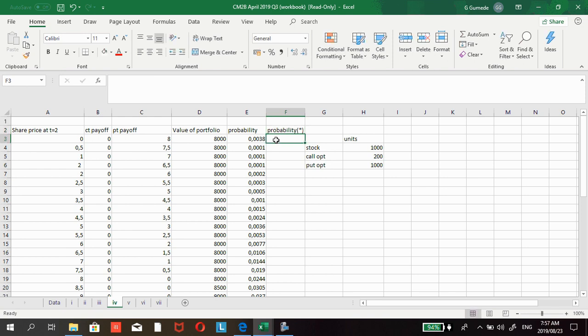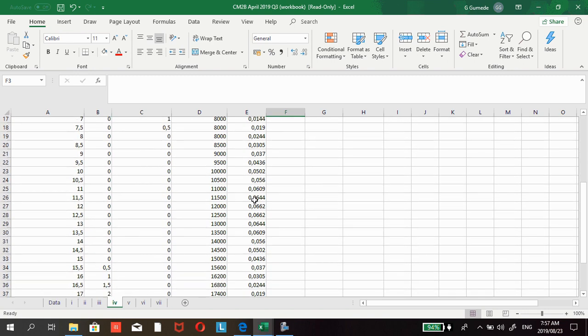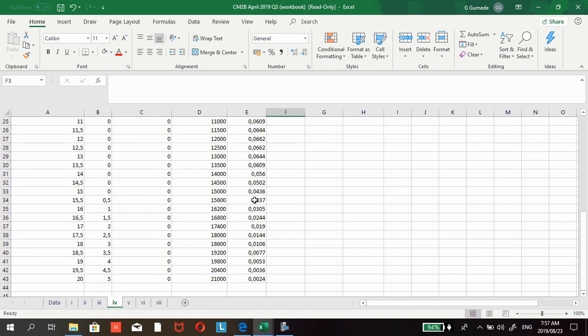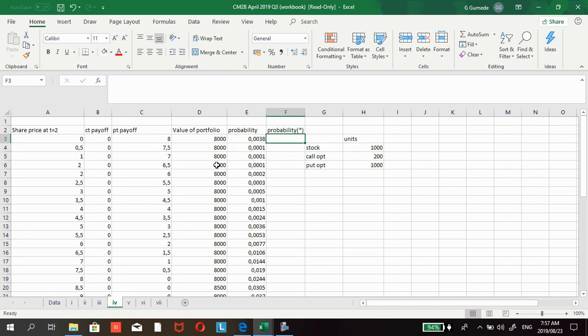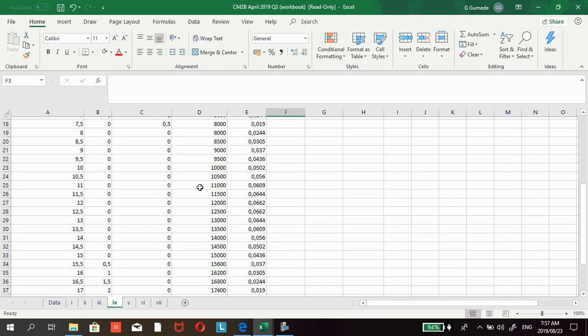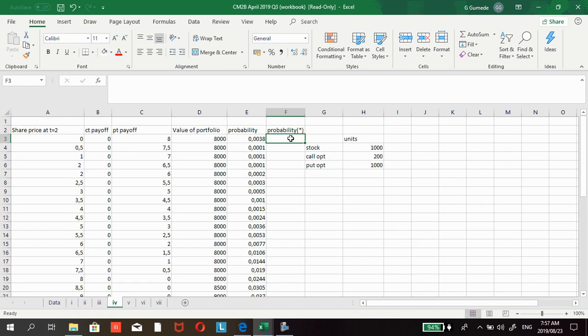Now, if you look here, I'm interested in the probabilities where the value of this portfolio is greater than or equal to 15,000. Okay, so I'm going to use here an IF function.